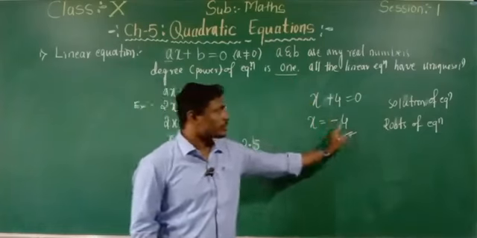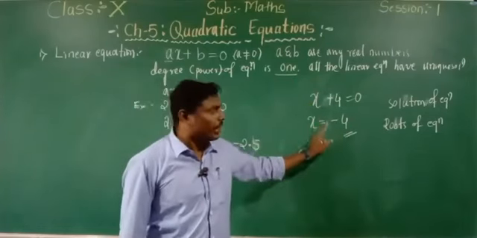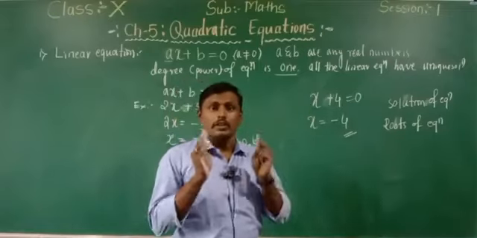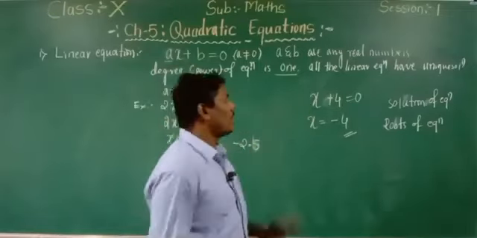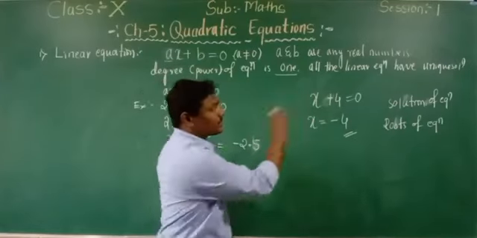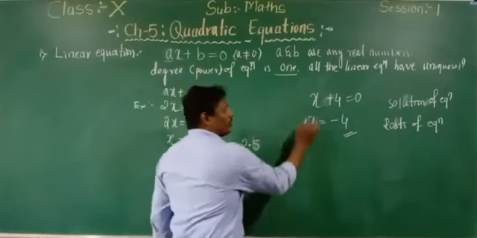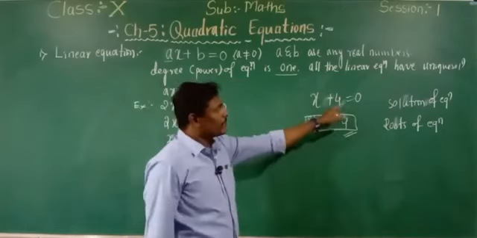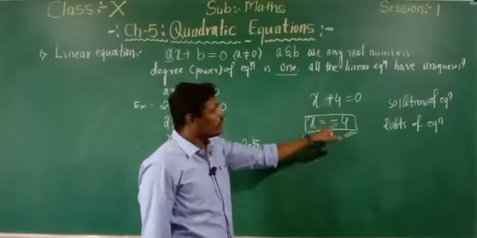It means when you substitute the x value in the same equation, you will get LHS equal to RHS. We can verify whether the LHS is equal to RHS or not. So here x is equal to minus 4, x plus 4 is equal to 0, and the x value is minus 4.